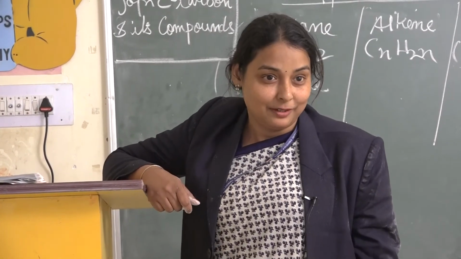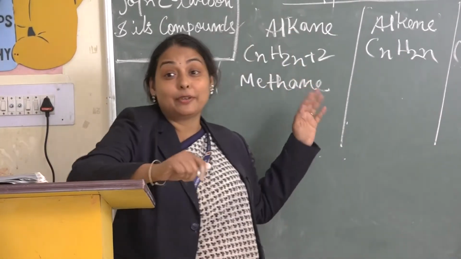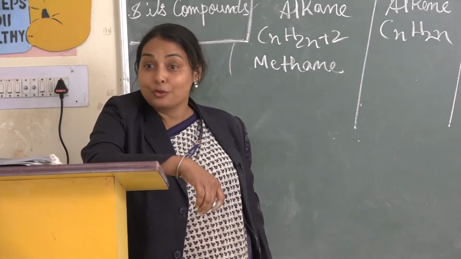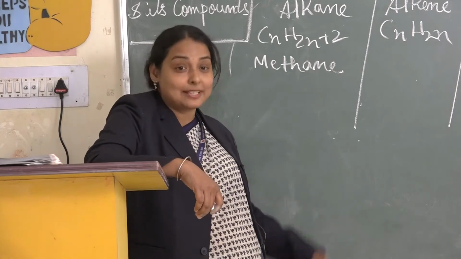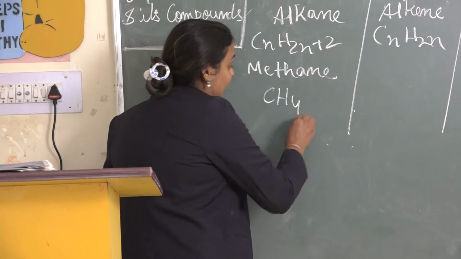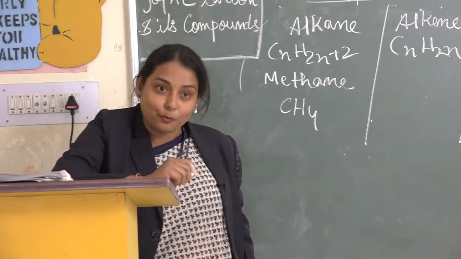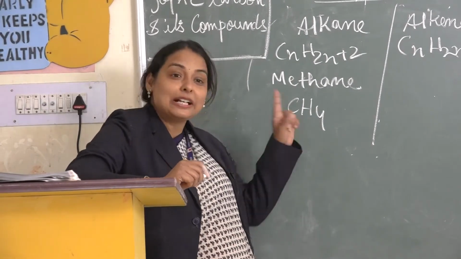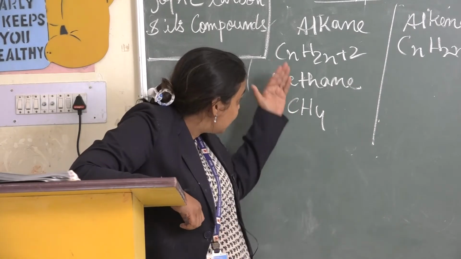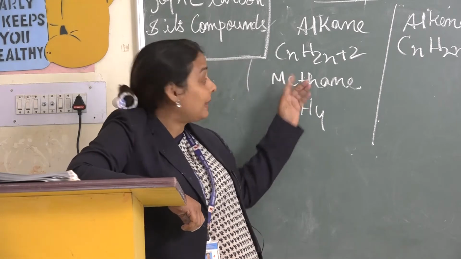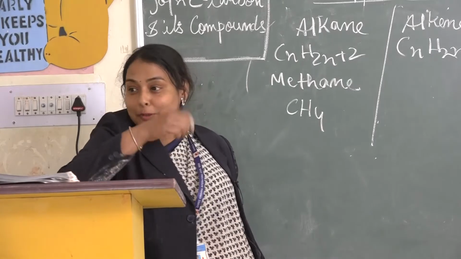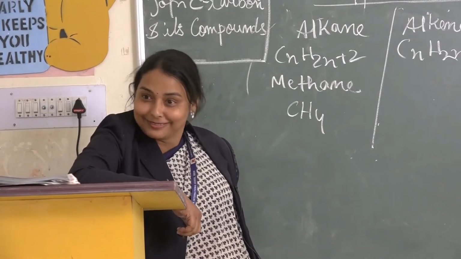For that we should know the formula. For example, methane: the simple formula of methane is CH4. It means we have carbon 1 and hydrogen 4. Next, using the same formula, CnH2n+2, carbon is 1 and we keep adding 2 hydrogens each time, right.